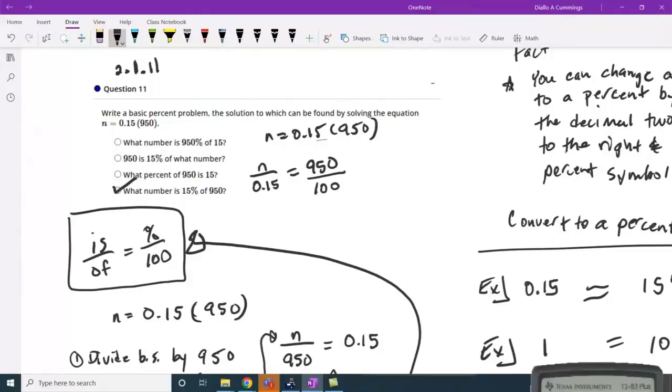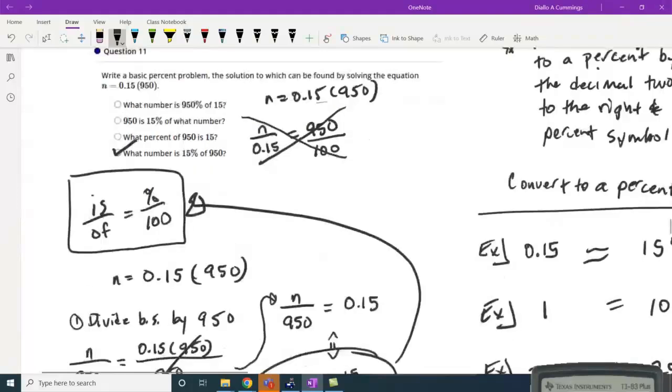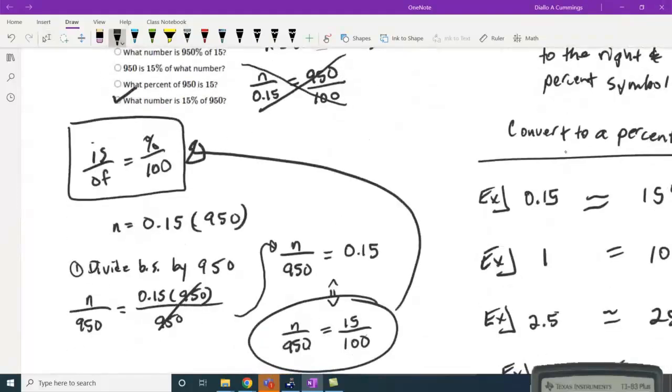For our percent equations, we don't have any percents that run over 100%. So this would not be the correct setup. Initially, I could divide both sides either by 950 or by 0.15. When I divide by 950, I'm able to write the right-hand side as a percentage.